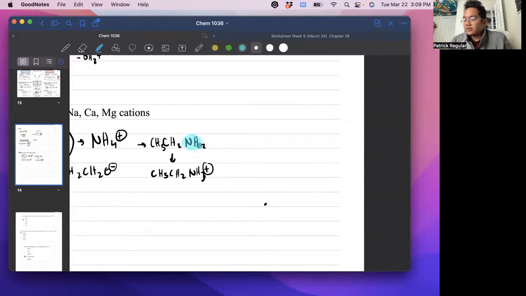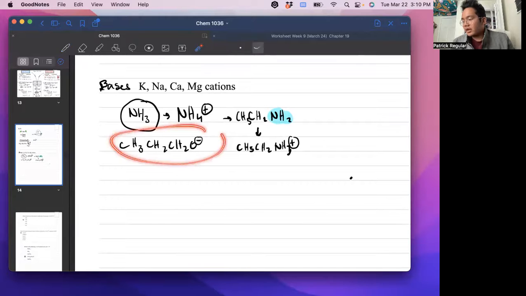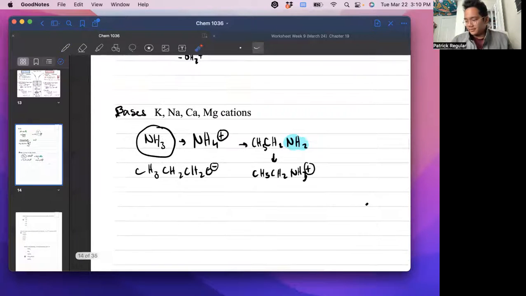This NH2, that's going to be your amine group. So it's more likely going to be protonated. And in the converse, on the positive charge, those that are relatively negatively charged are going to be bases, right? Now, if we look at this base right here, CH3, CH2, CH2O minus, that corresponds with one of our earlier acids all the way up here.